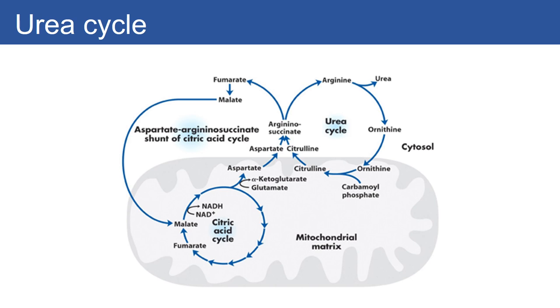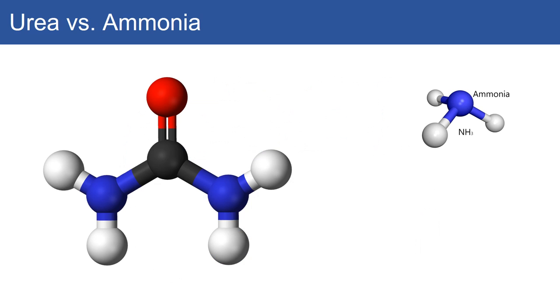If you have insufficiency of the urea cycle in some metabolic disorders, that is a really serious issue where a lot of developmental issues occur. Urea is significantly less toxic than ammonia, and the urea cycle, which occurs mainly in the liver, is a less toxic way of getting rid of nitrogen.